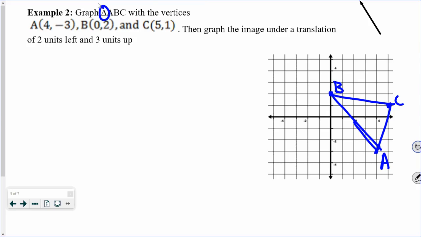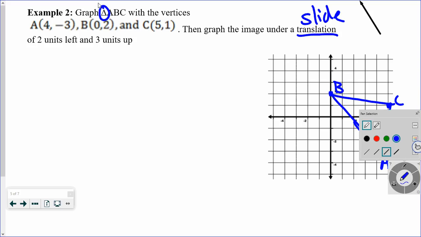Okay, so it says, please translate. Translate means slide. 2 units to the left and 3 units up. So this is our description, which is in words.